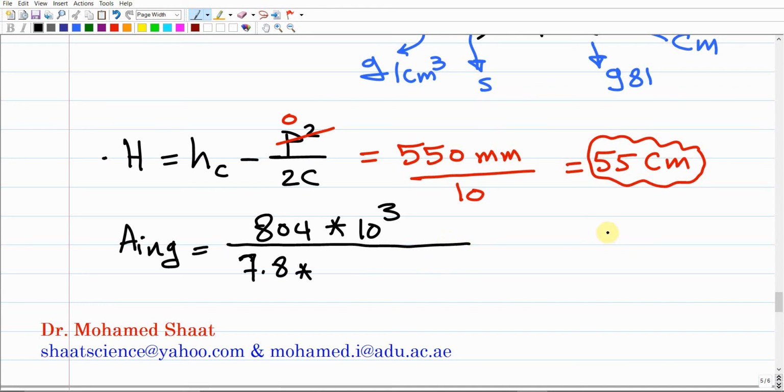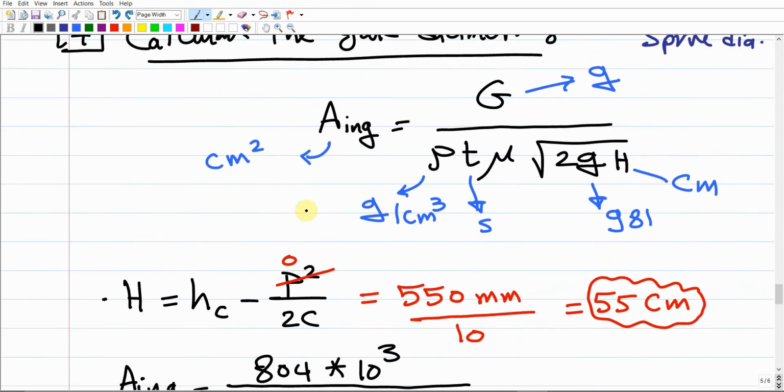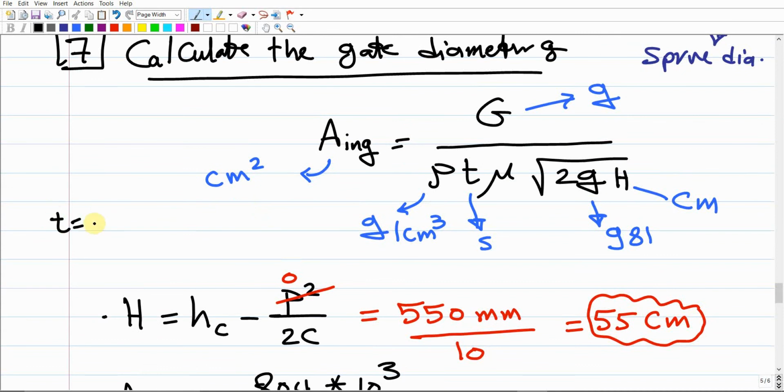The pouring time, as we mentioned, T, should equal S square root of G. But remember, for the calculation of this one, G here should be in terms of kilograms, and S is already given up there by 2. It is given. And G here should be kilograms.